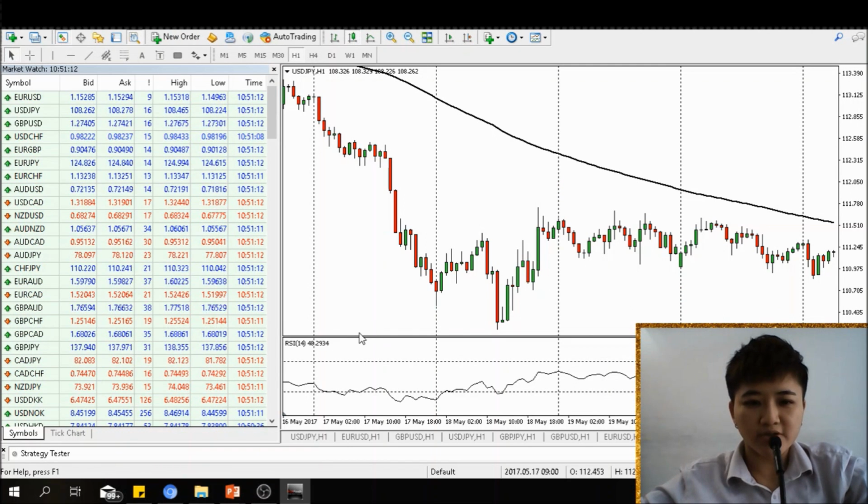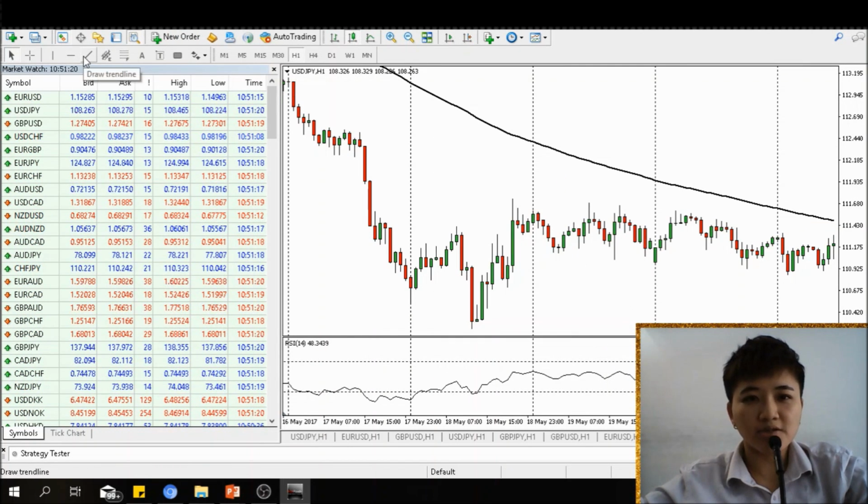But the way that I prefer to see it is similar to MACD, okay. For a bullish divergence, you see RSI making higher lows over here, okay, and then you see your price making lower lows.